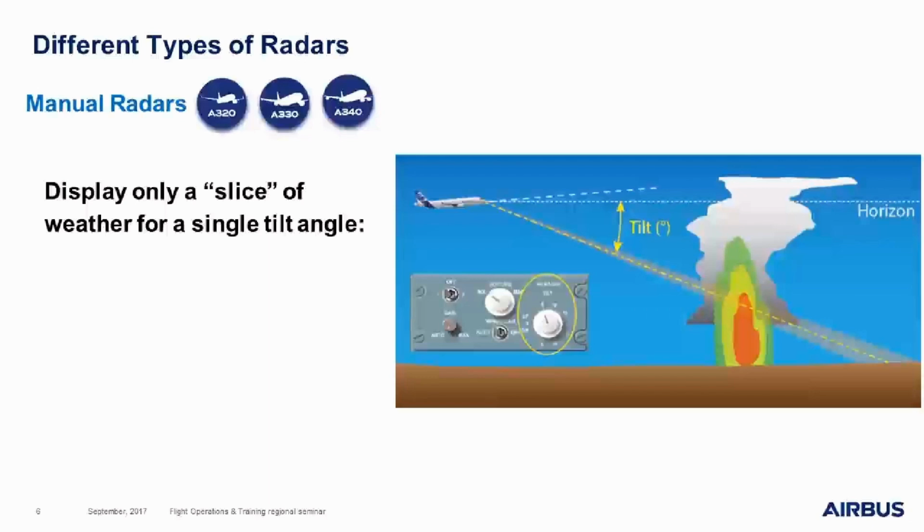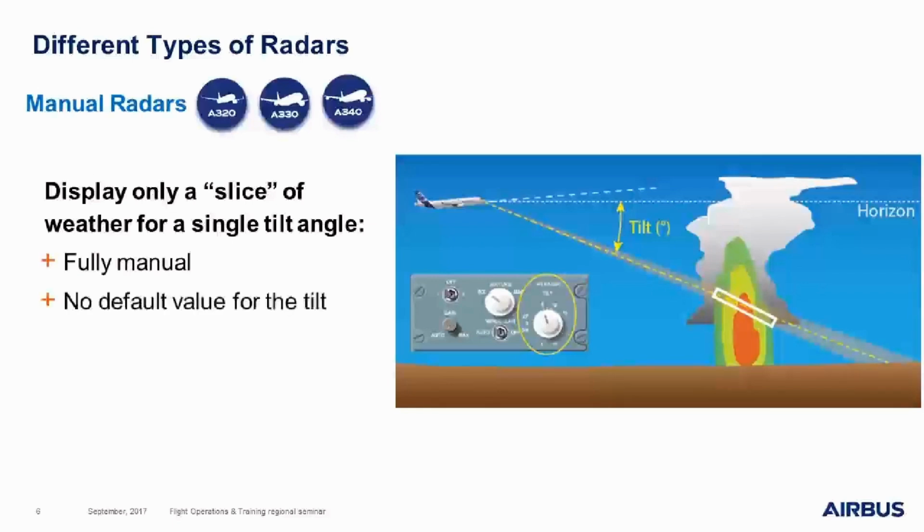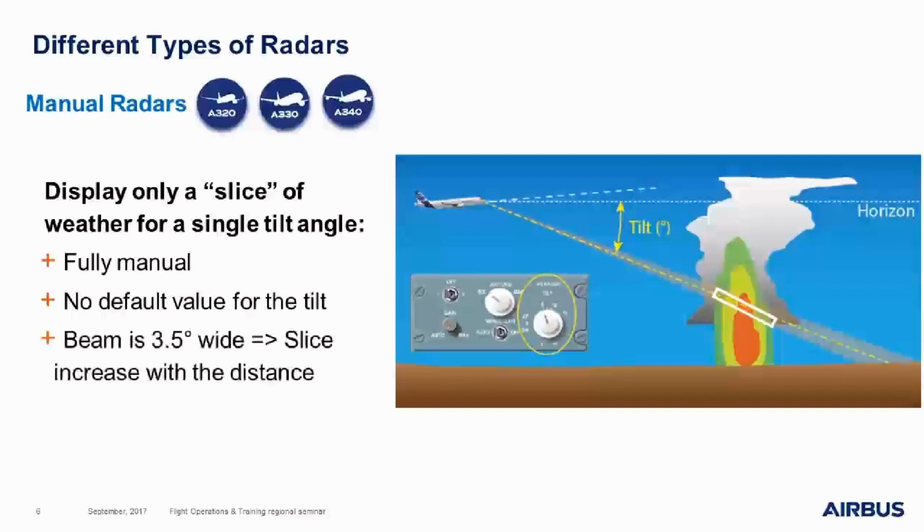The manual radars only display a slice of weather for a single tilt angle. They are fully manual. There is no default value for the tilt. The beam is 3.5 degrees wide, so it means that the slice of weather increases with the distance.